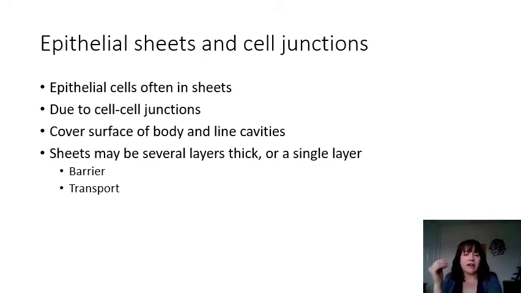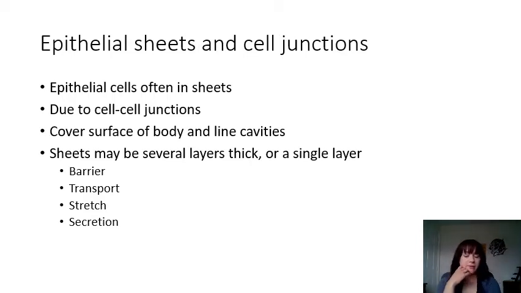And we talked about how they need to let glucose in in a very organized manner. These sheets need to be able to stretch. Your bladder, for example, is basically a bag made out of epithelial cells, and it needs to be able to stretch when the bladder is full and get smaller when it is empty.